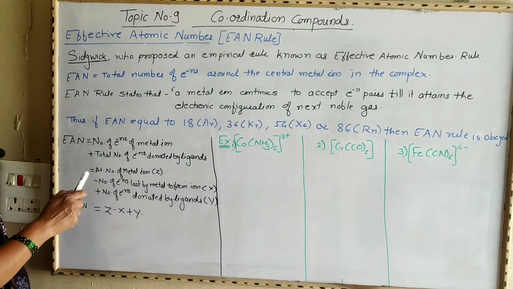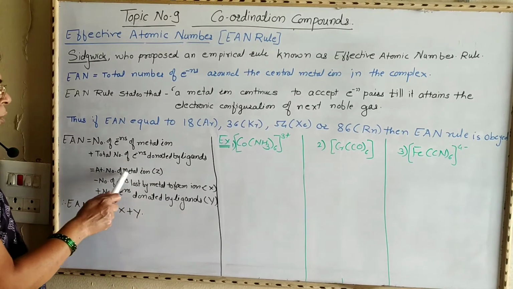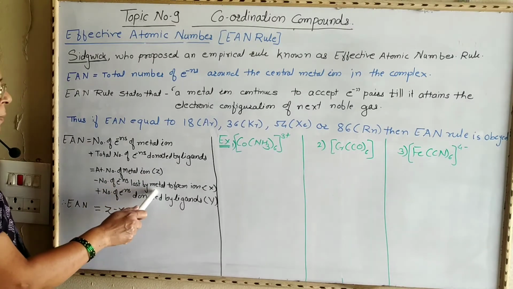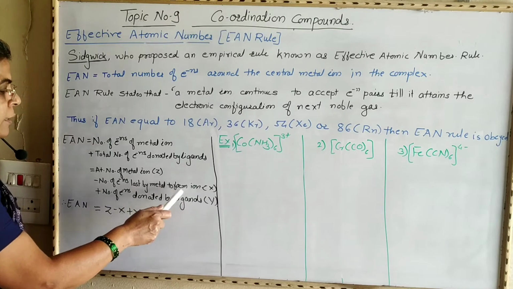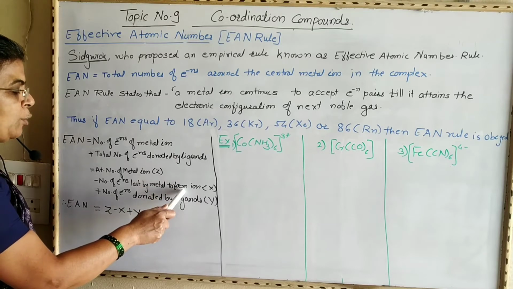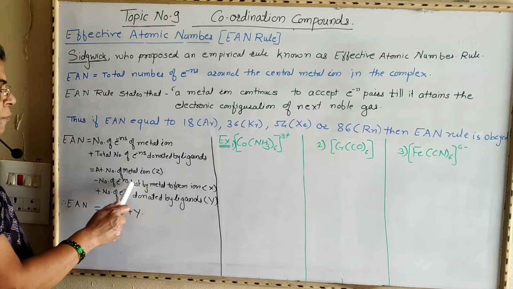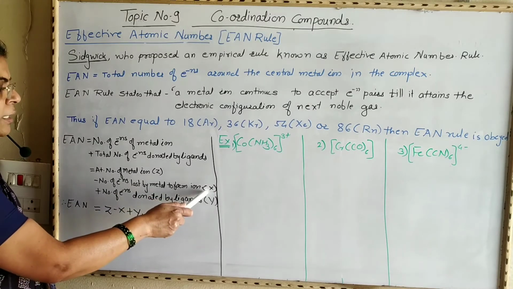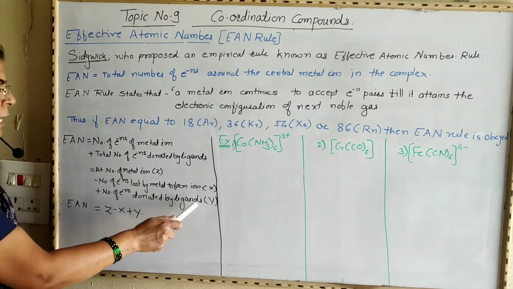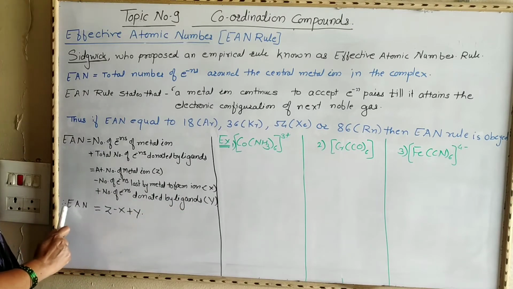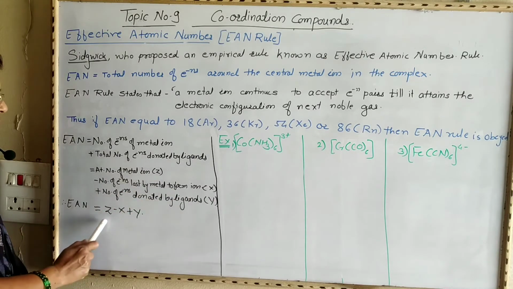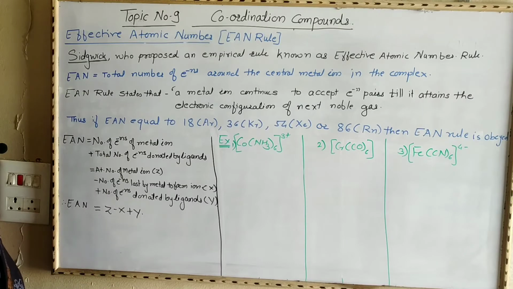It can be calculated like this: the atomic number of the metal, which is denoted by Z, then the number of electrons lost by the metal to form an ion, that is when this metal from its atomic state is converted into ionic state, how many electrons are lost, consider this as X, and plus the number of electrons donated by ligands, that is Y. Therefore EAN value is equal to Z minus X plus Y.